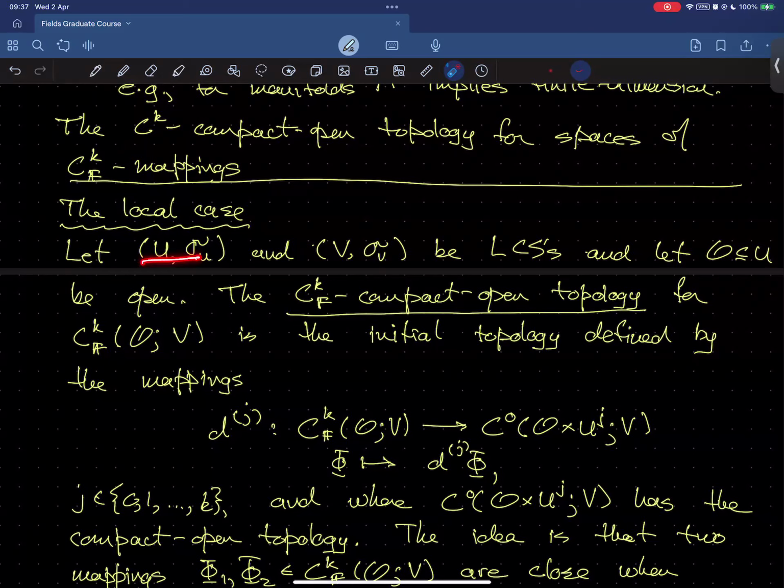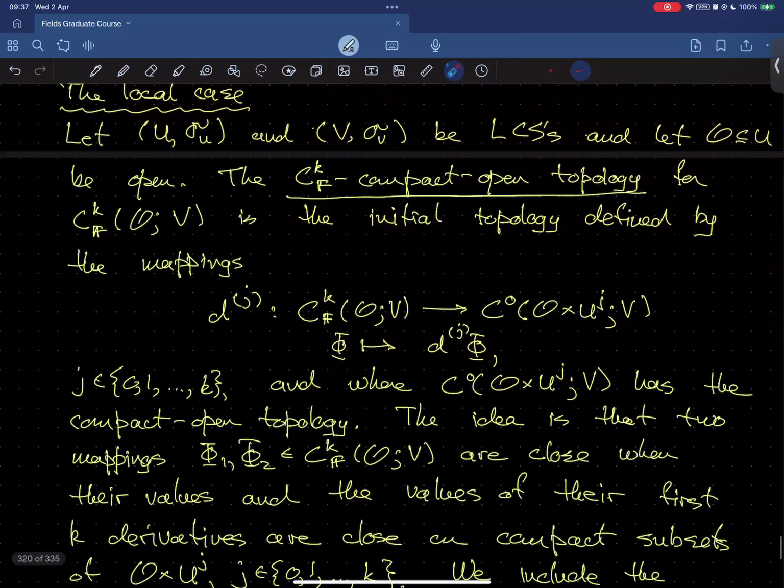So I have two locally convex spaces, U and V. O is an open set. Then I have this space of C^K mappings from O into V, and I define a topology for it. And the words that are involved in that definition are that it's the initial topology for this family of mappings, right? So what that means is that it's the coarsest topology so that all of these mappings are continuous.